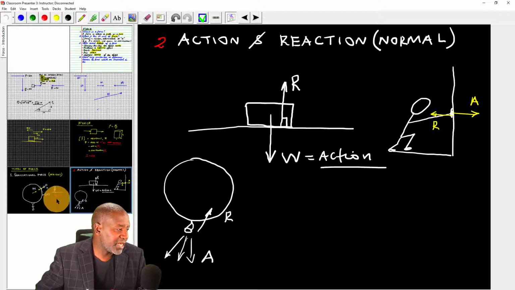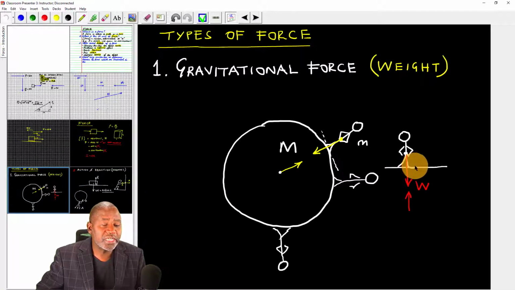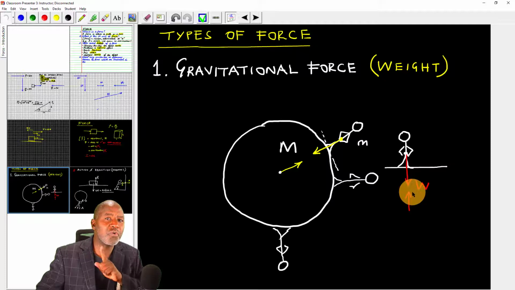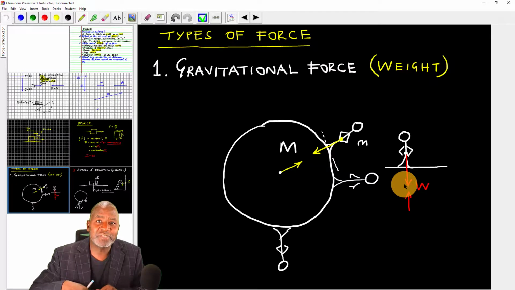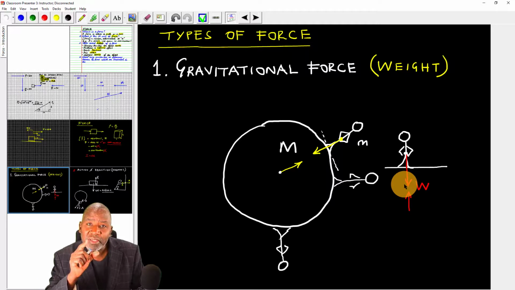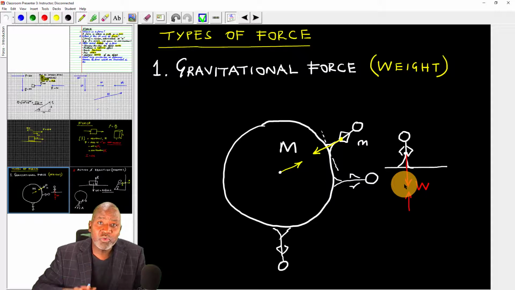Again, when you are standing on the floor, your weight is the amount of force that you appear to exert on the floor. So as far as the floor is concerned, if it was a person, they would think that you are the one who is exerting that force on the floor. And therefore the floor reacts.